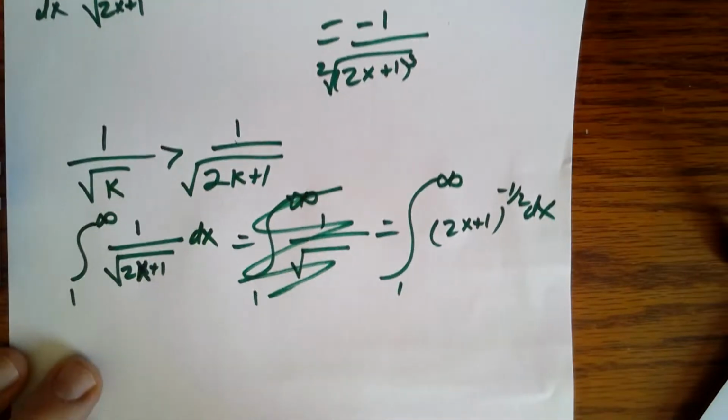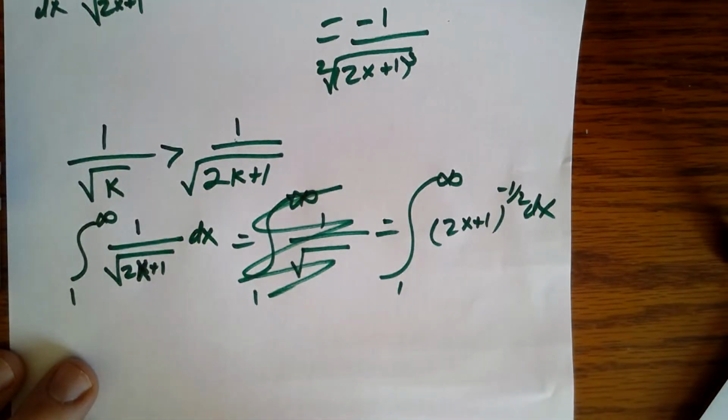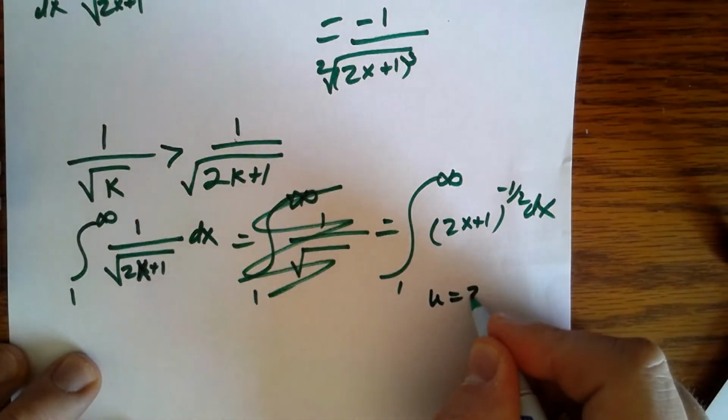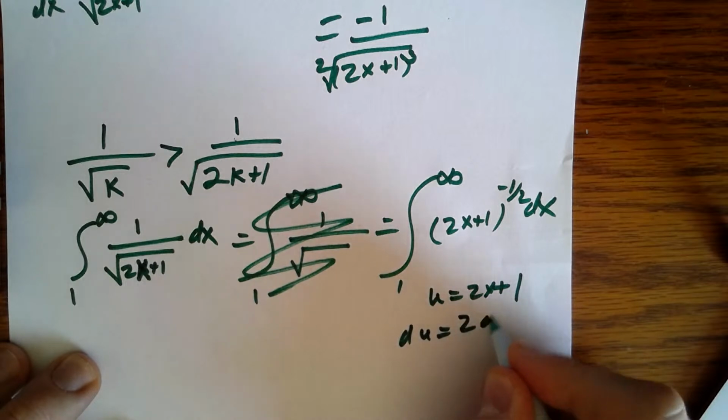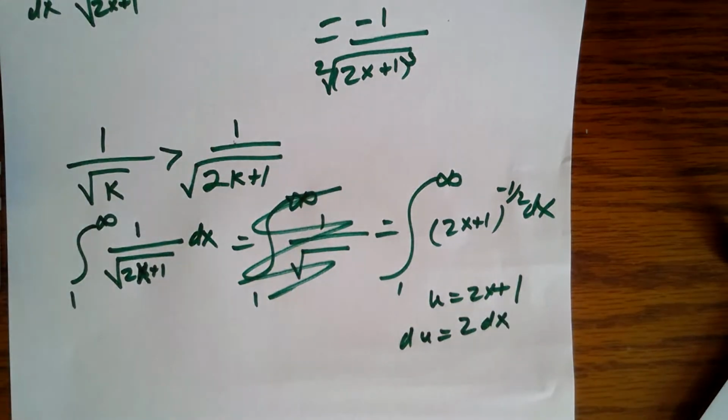What type of integral is this? Right, this is a u-sub, so you set u equal to 2x plus 1. So then du is equal to 2 dx.